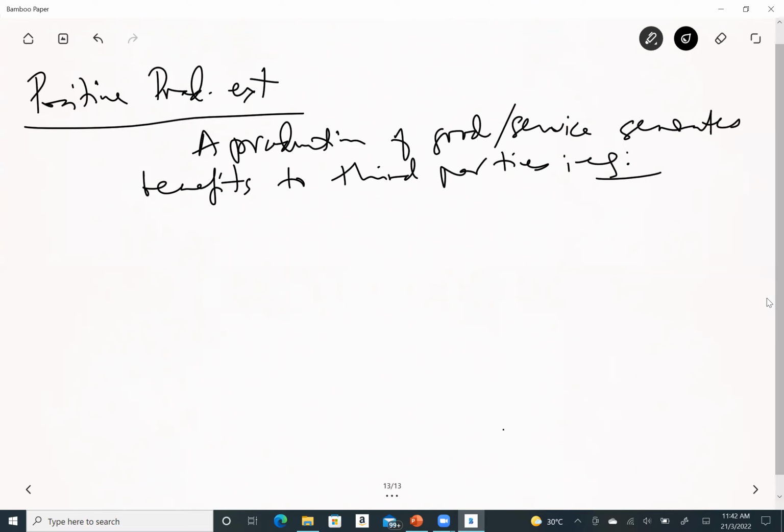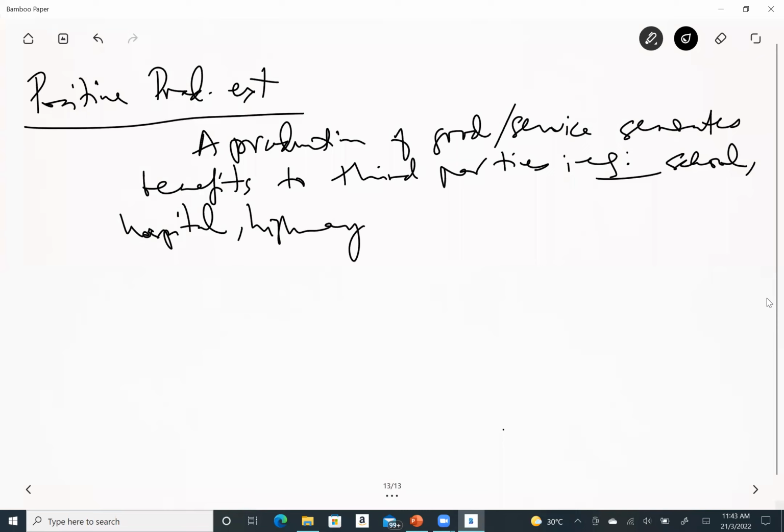Example is school, a school or hospital, this kind of infrastructure, or highway. Highway produces benefit to third parties, that means to other people that are not directly involved in the transaction.